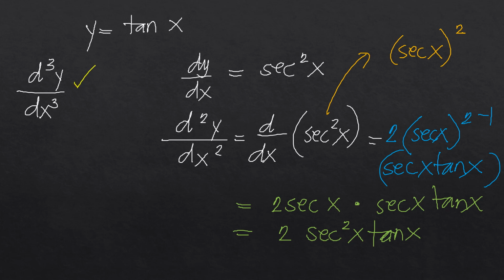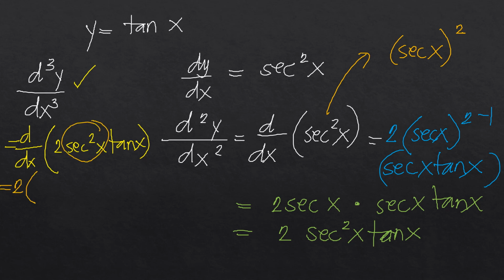Ang third derivative natin is now differentiating the second derivative, which is 2 secant squared x tangent x. Ang gagamitin natin dito is the product rule. I-separate natin yung constant na 2. So, meron tayong 2 times derivative of the first factor, secant squared x, is actually, ito na siya.